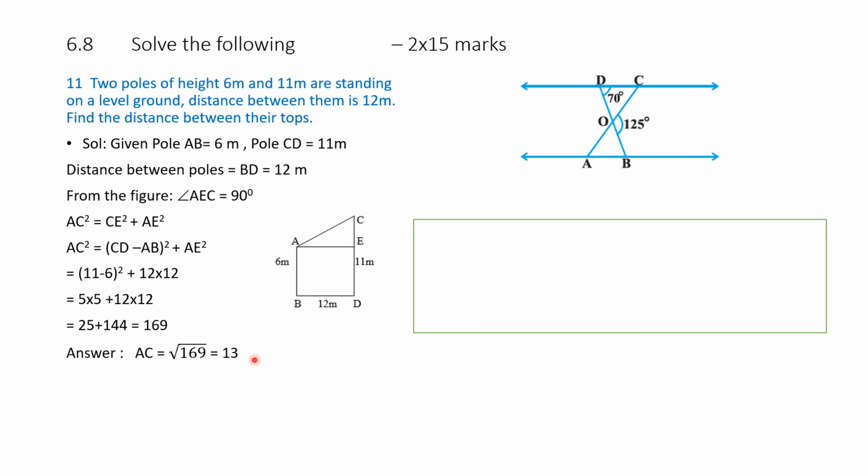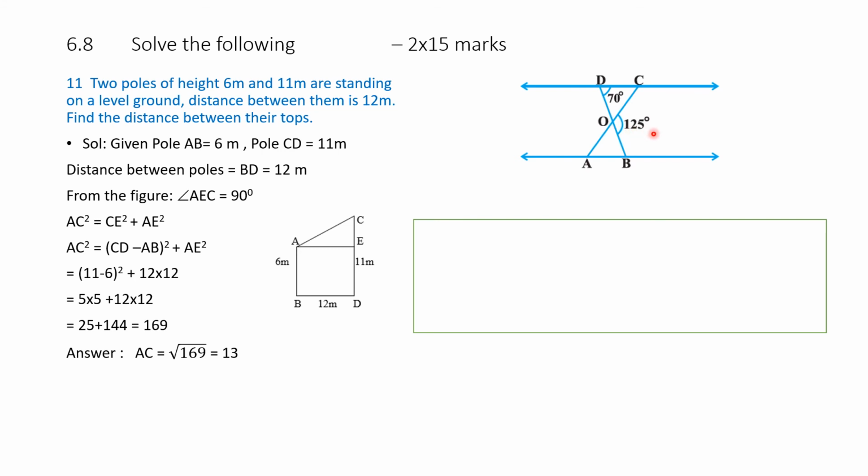Question number 12. Find the angle DOC in the given figure. Find the angle DOC, angle DCO and OAB in the figure given above. Here only this angle D is given, and that is an internal angle of triangle DOC, and external angle 125 is given.